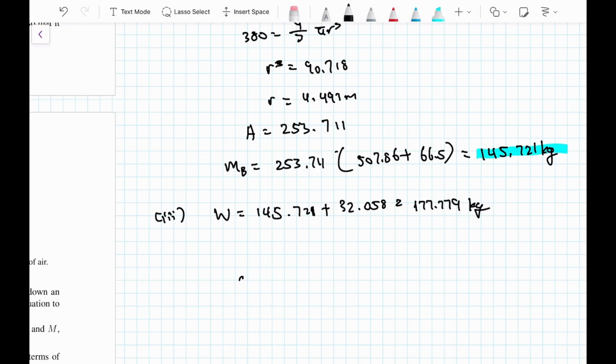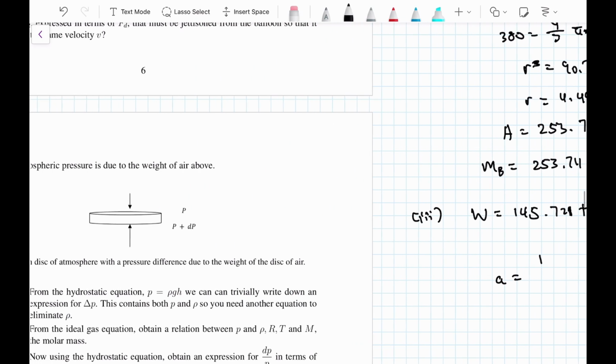And therefore, what we can do is that the acceleration is equal to the total force, which is rho gV, and I think it's 1.23, right?